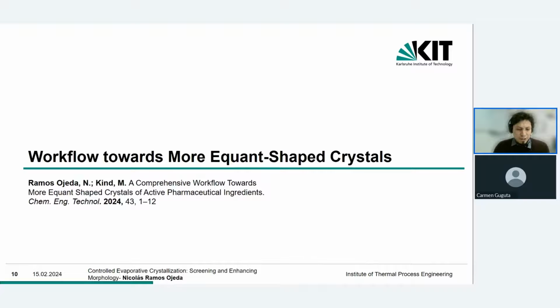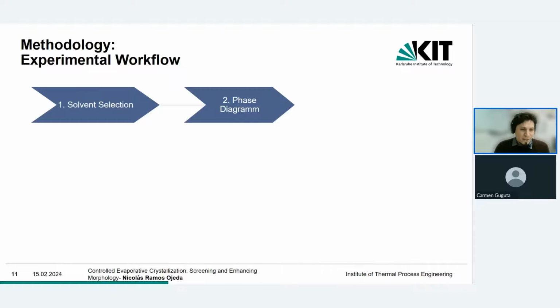So we now have our reference systems, the experimental setup that I used during these studies. And it's time now to focus on the experimental workflow, how we proceed to obtain more equant-shaped crystals. As you might have experienced, crystallization data for very specific APIs might not always be available.